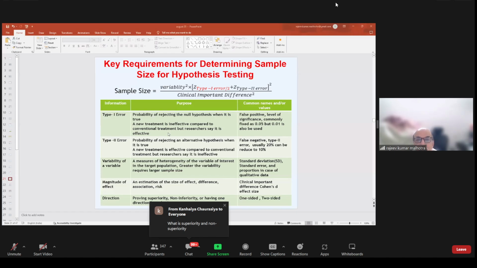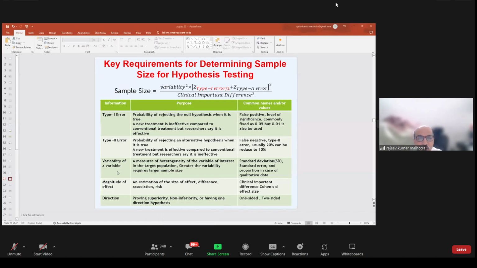So this is a serious error. But on the other hand, if it is effective and you do not give it, there is no such harm. So we can relax to 20% for this one. You have to take care of how we fix type 1 error and type 2 error.